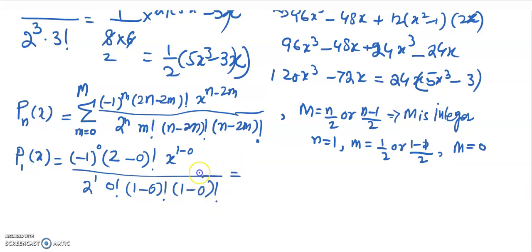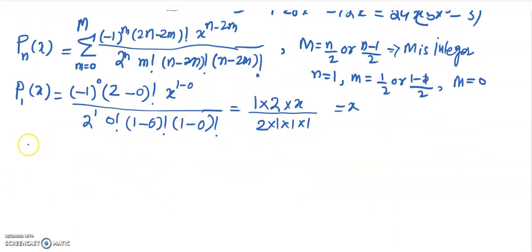So minus 1 power 0 is 1, times 2 factorial is 2, into x power 1, divided by 2. 0 factorial is 1, 1 factorial is 1, and 1 factorial is 1. So that is equal to x, since the 2 cancels. So this is what we know.